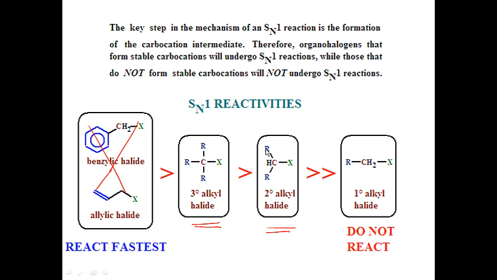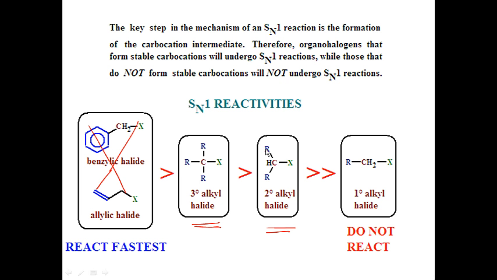Secondaries are like the problem children because they're in between, and so they can react as either SN1 or SN2. We're going to say they react SN2 when they're reacting with negatively charged nucleophiles, and when they react with weak nucleophiles, the neutral ones like water and alcohol, they have no choice.